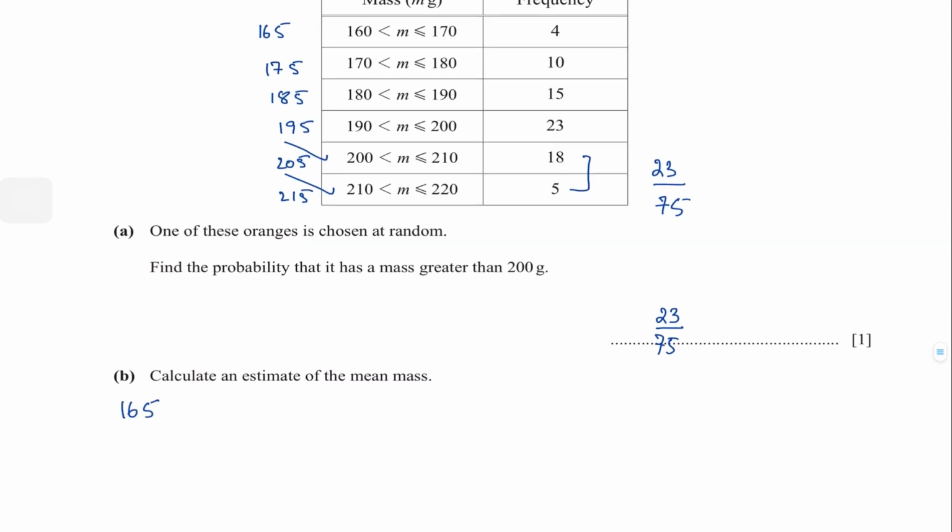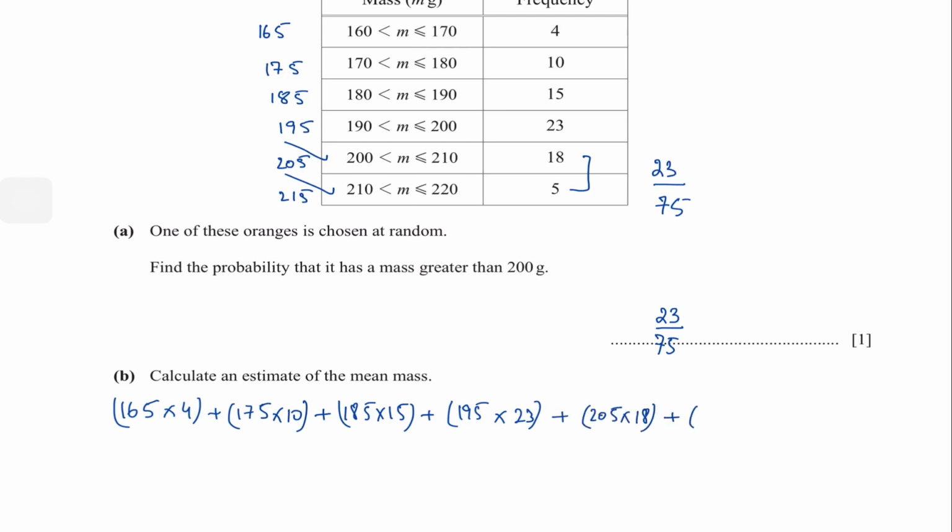So 165 multiplied by its respective frequency plus 175 multiplied by 10 plus 185 multiplied by 15 plus 195 multiplied by 23 plus 205 multiplied by 18 plus 215 multiplied by 5.